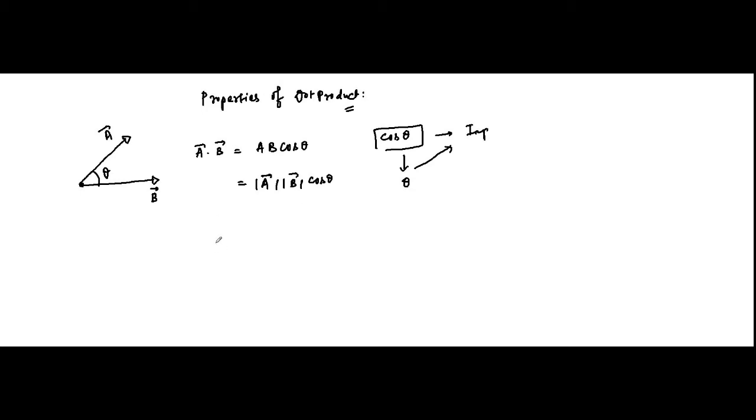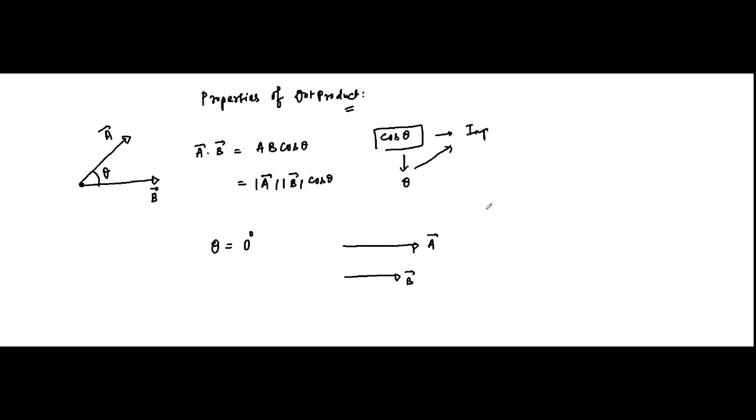Let's say theta is equal to 0 degree. So this is the situation where both the vectors, A vector and B vector, are in the same direction.